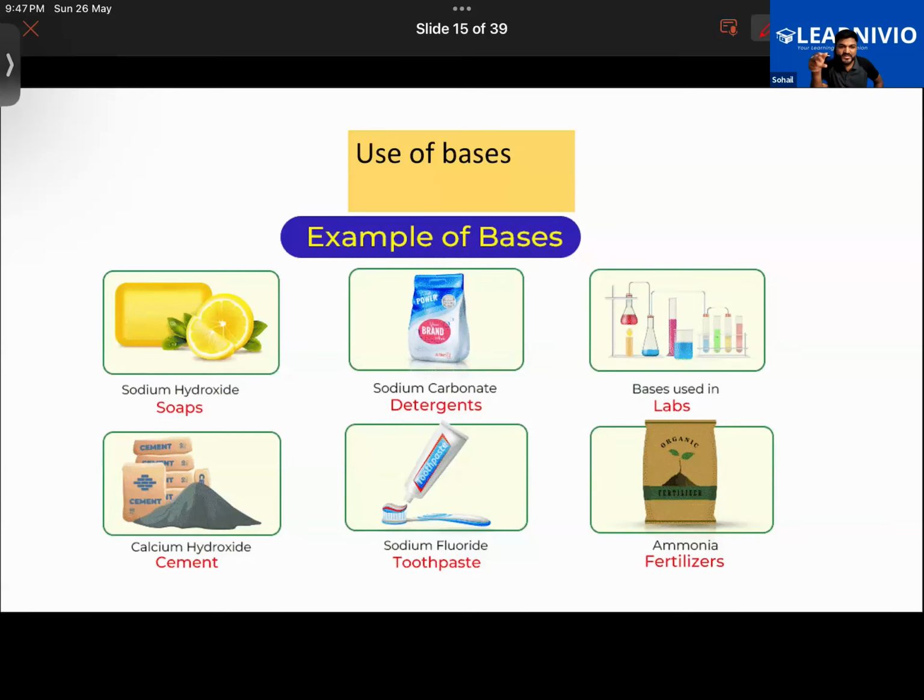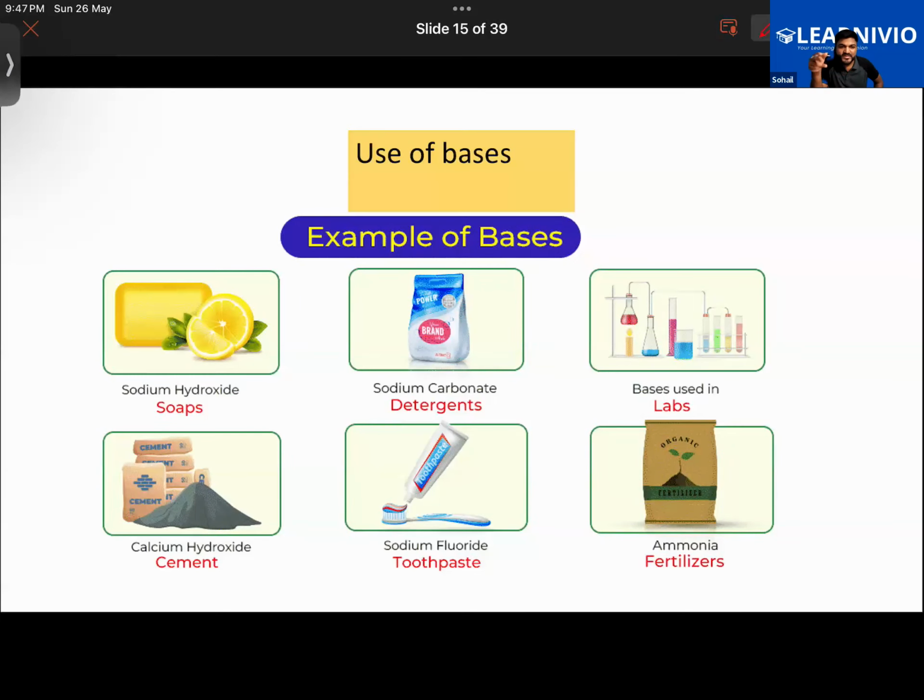Then we talked about the ant bite, where you can use calamine solution to neutralize the impact of formic acid. Then we had one more example, when you suffer from indigestion, you take an antacid. So neutralization reactions are very common in our everyday life.